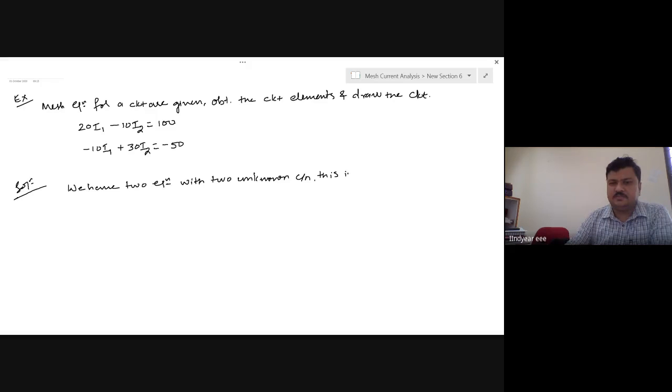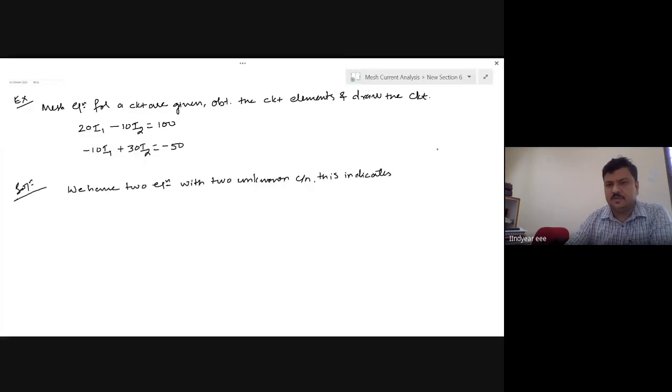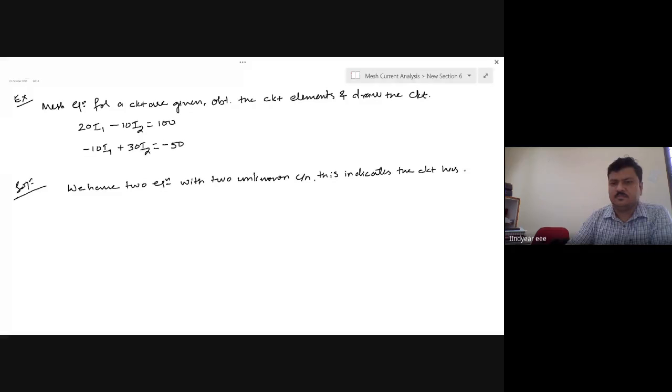This indicates the circuit has two meshes. Now, I will write the general equation for a two mesh circuit.